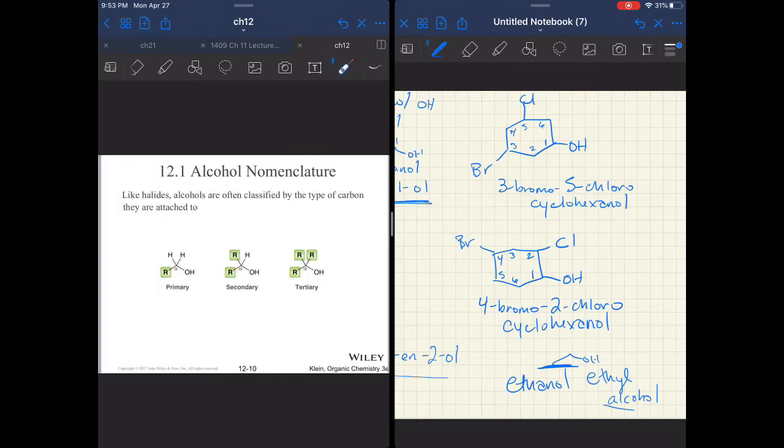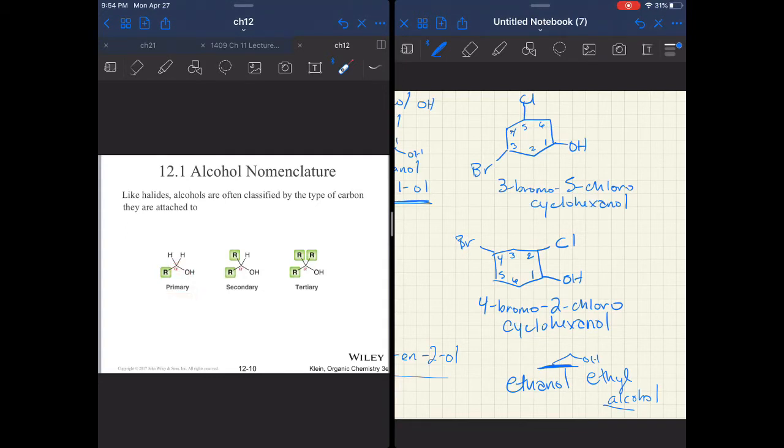When we talk about alcohols, we use terms like primary, secondary, and tertiary. It's similar to when we talked about primary and secondary and tertiary carbocations. The alcohol only forms one bond. So when you say primary alcohol, you're talking about the carbon that the alcohol is attached to.